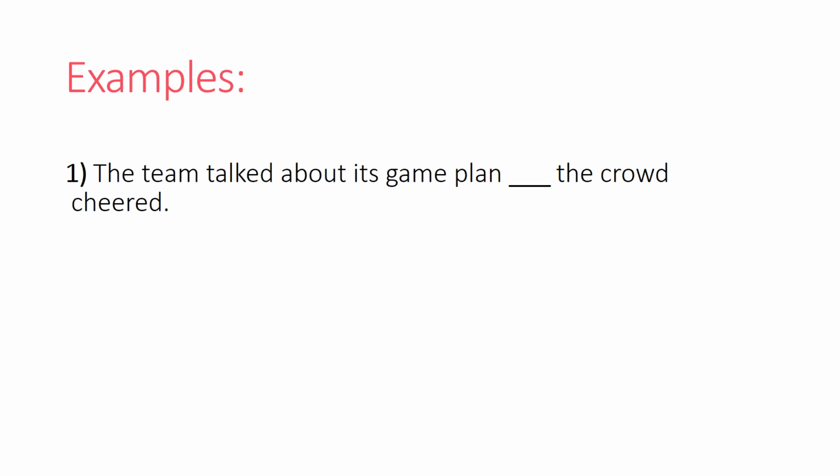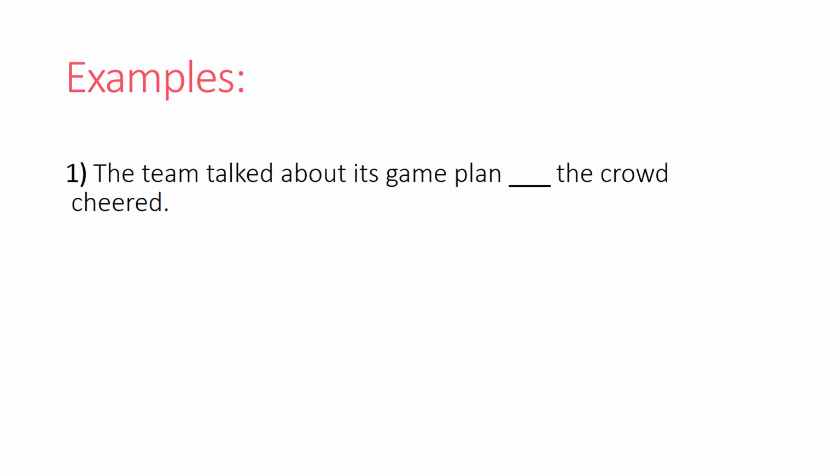So let's have a few examples. Number one, the team talked about its game plan. The crowd cheered. So decide, try to figure out the relationship between the two clauses. Again, it will depend on the relationship. So, is it cause and effect? Not really.